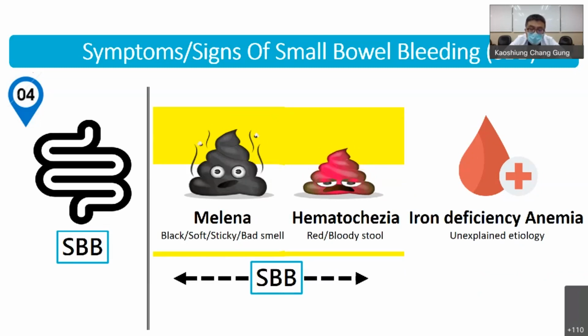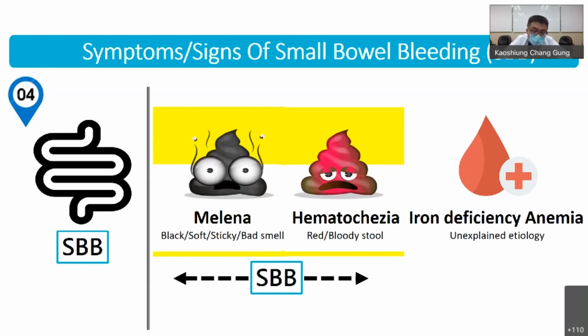But if the lesion is in the distal intestine, like the terminal ileum, patients will present with bloody stool. And sometimes patients will present with melena and bloody stool alternating over time, maybe having both symptoms.